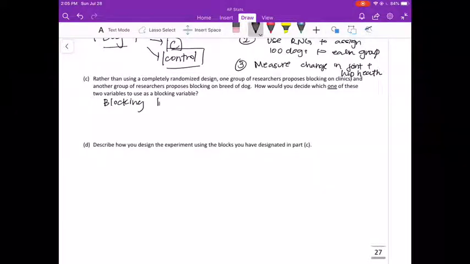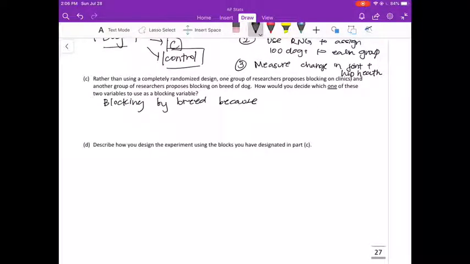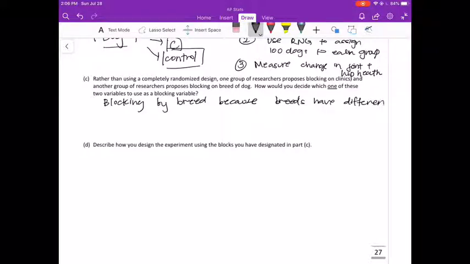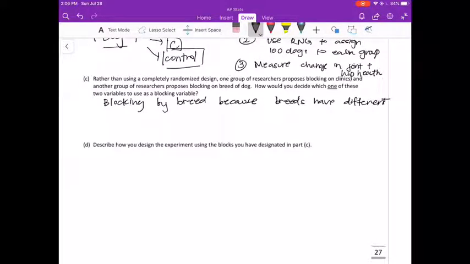So blocking by breed, because breeds have different kinds of joint and hip health.